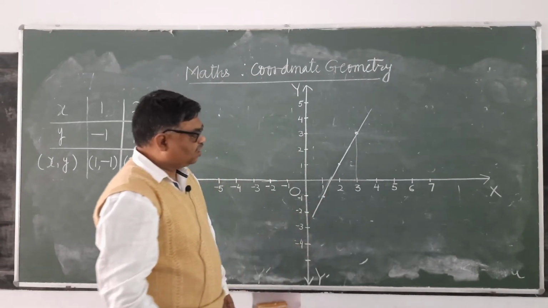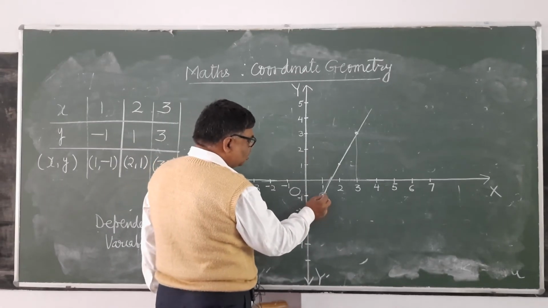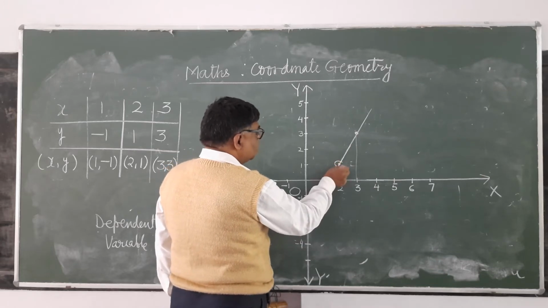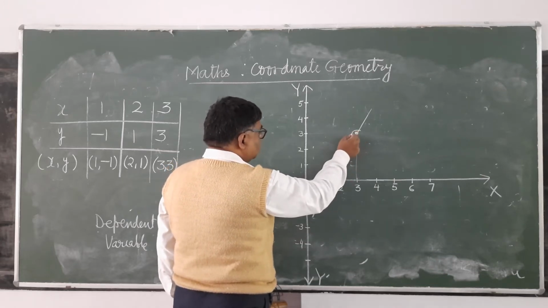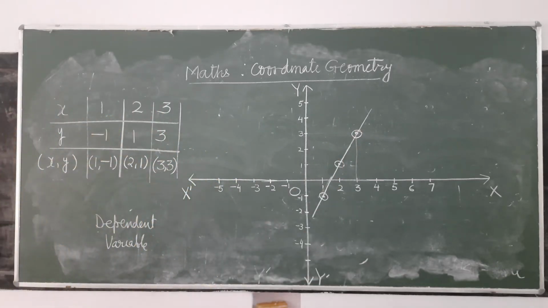Now after joining all the 3 points, you circle these points. Now one thing you will remember: suppose the graph does not come as a straight line on joining all the 3 points, then it means there is some error in the calculation.